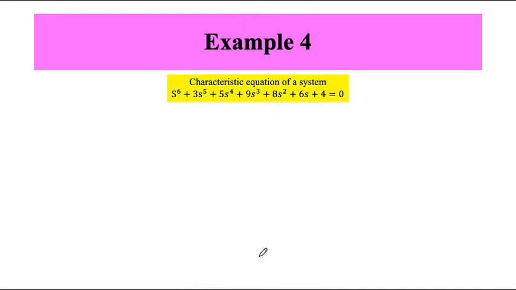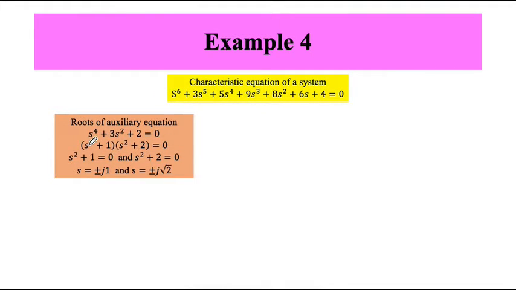So here we see s square plus 1, s square plus 2 is equal to 0. So s square plus 1 equals 0 and s square plus 2 equals 0.